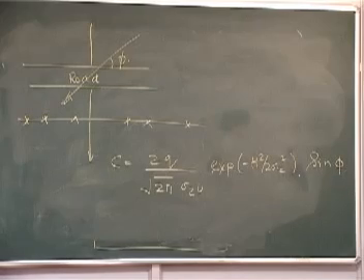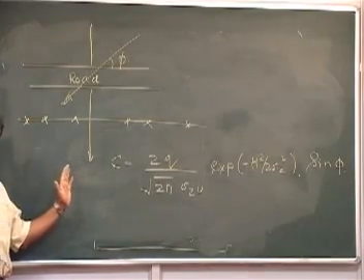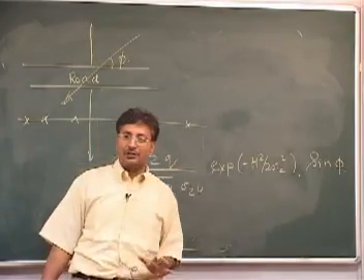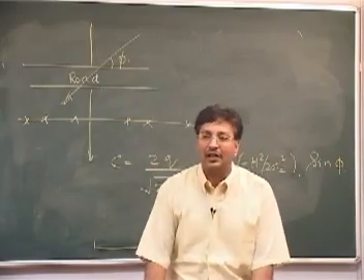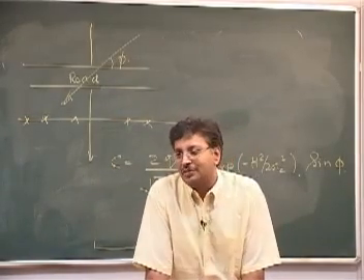Obviously if sin phi is 0, then the concentration becomes 0. If phi is 90 degrees, then sin phi is 1. But we apply this particular thing only for phi more than like 20, 30 degrees or more.